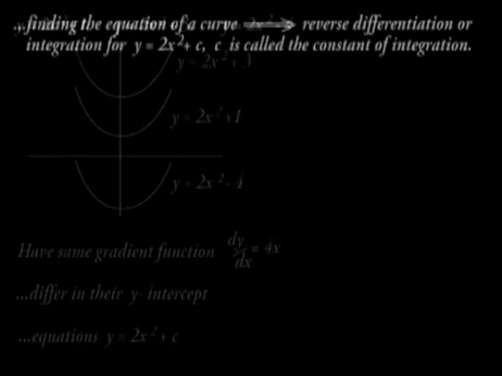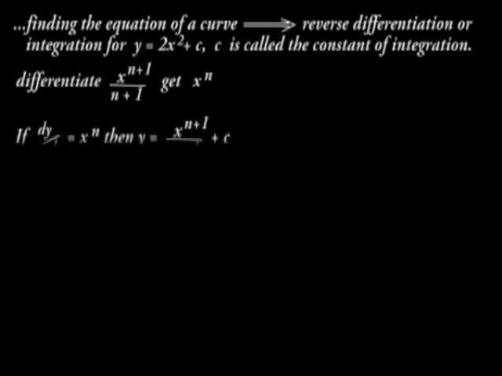The process of finding equations of a curve for a given derivative is called reverse differentiation or integration. For y is equal to 2x squared plus c, c is called the constant of integration.